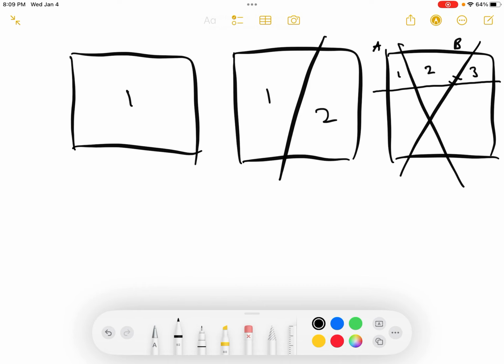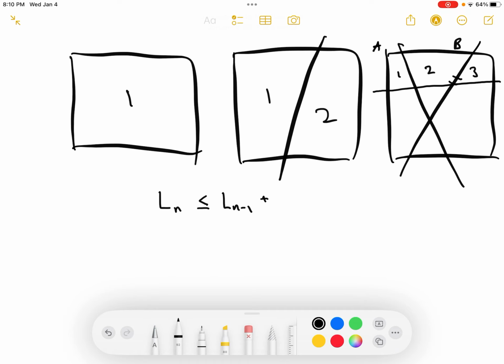So if we increase our cuts, the number of regions with n straight cuts will be L(n-1) plus the number of lines that it crosses.